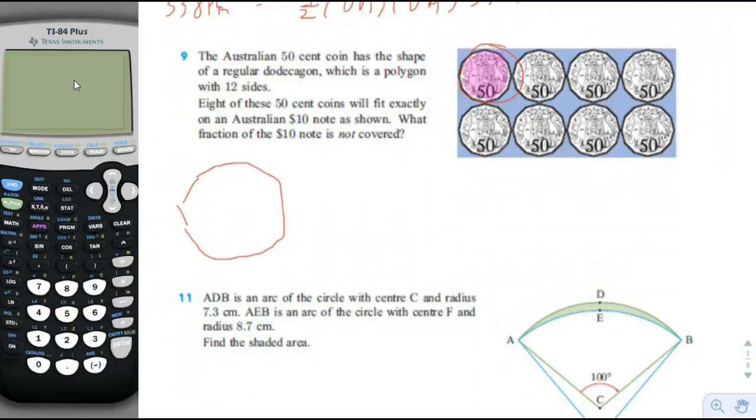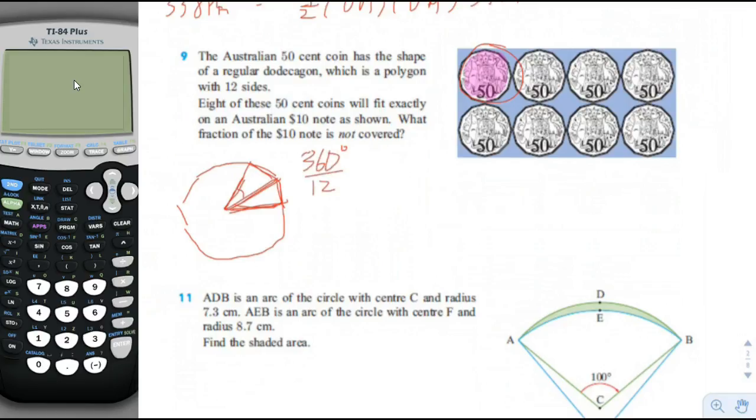So we can use the same strategy as before. Each one of these dodecagons is made up of 12 pizza slice shaped triangles, okay? And we can figure out the angle of each of these. Remember how in the previous problem it was 360 divided by 5?